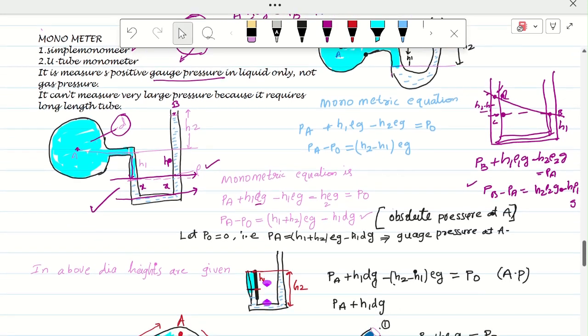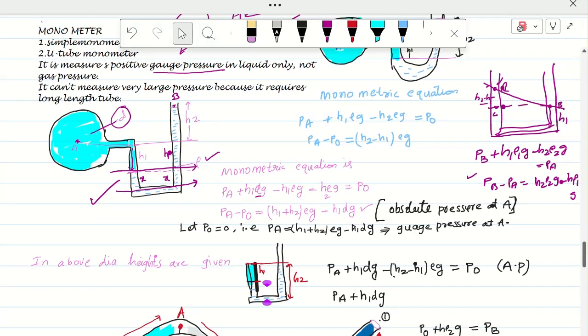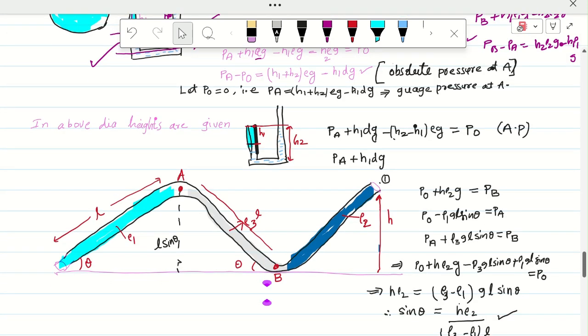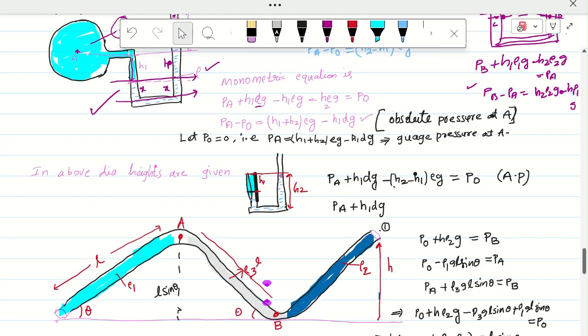So here I have given different diagrams. Now, if in the above diagram the liquids are arranged like this, the liquid stands in the left and right limb up to here. So in that case, point A and point B is P naught, open to atmosphere. So now PA going down plus H1 dg.